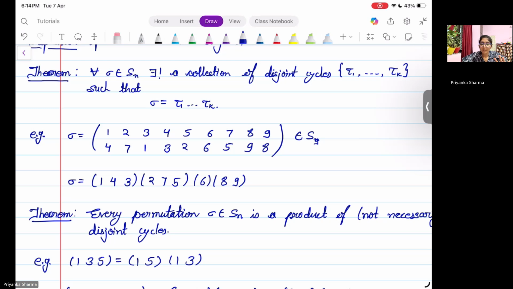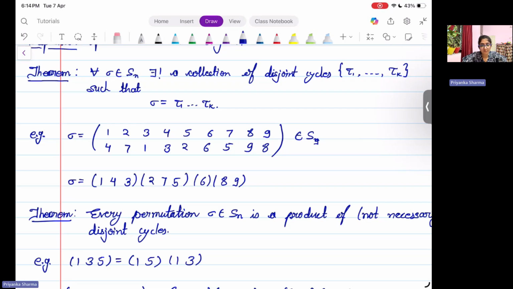Now start with the smallest element which is not a part of this cycle, which is 2 here. So we start from 2. 2 is mapped onto 7, so we write 2 and then 7. Now we will write the image of 7.